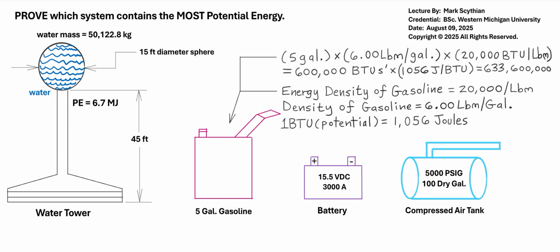And that comes to 633,600,000 joules is the potential energy of 5 gallons of gasoline. So this is 633.6 megajoules.